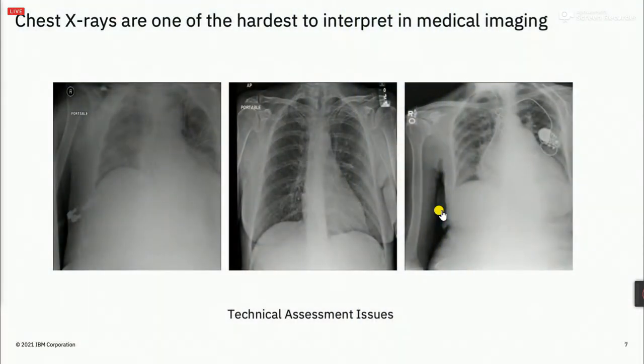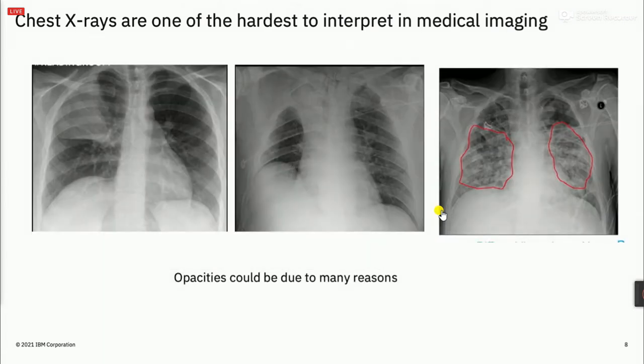So here you can see the reason we took this on: even though they're the most common, they're some of the hardest to interpret. They could have technical assessment issues. This is what a radiologist has to look through as they go through their workflow. These are not technically ready to interpret. Then there are opacities, which are essentially what they try to interpret, and know whether the opacities are due to consolidation or atelectasis.